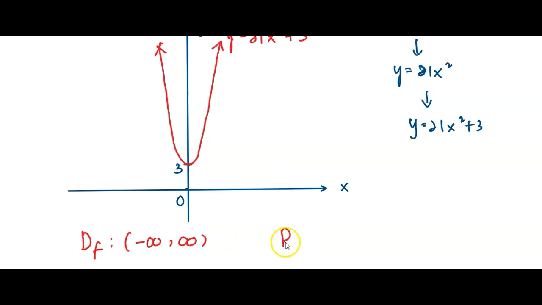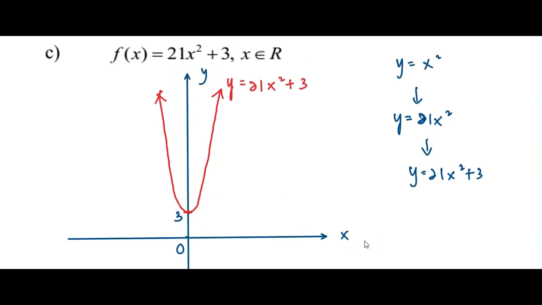For the range, you must find the lowest point in the graph. Okay, this is the lowest point in your graph. The y coordinate of this point is 3, meaning that your range starts from 3. I use a closed bracket to show that the graph includes y equals 3.